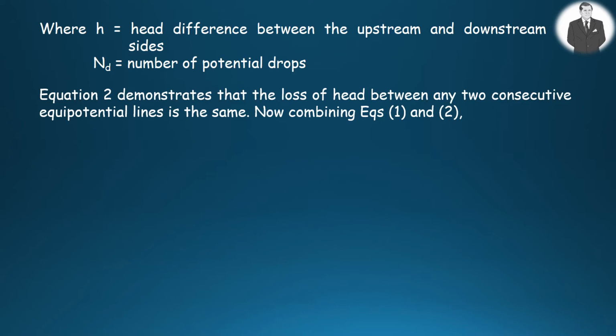Now, combining equation 1 and equation 2, we get delta Q in terms of K times H over ND.